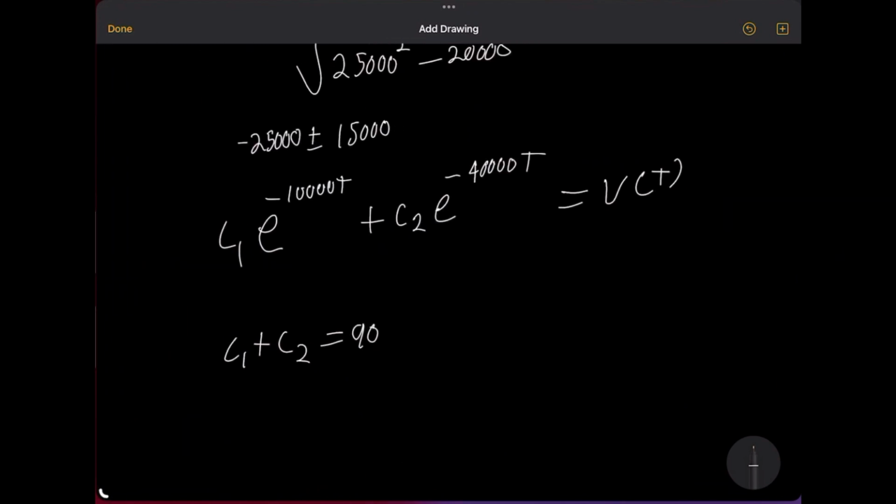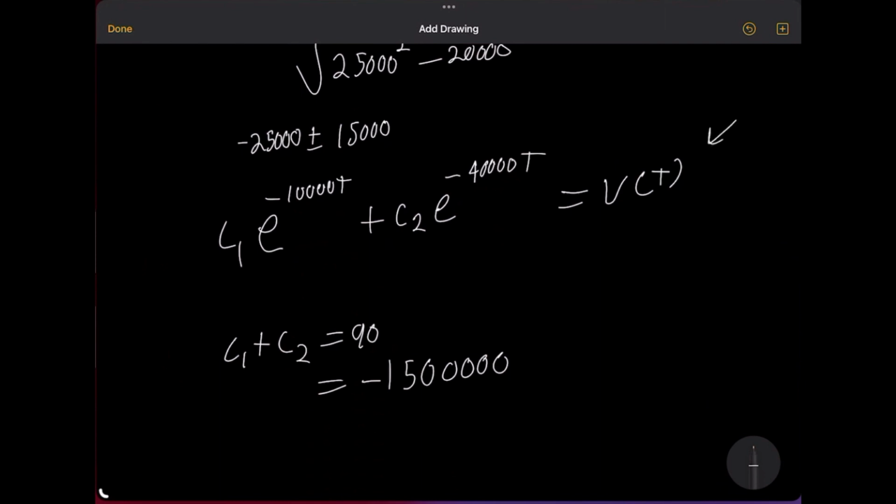It's going to be really big. It's going to be negative 15 million.